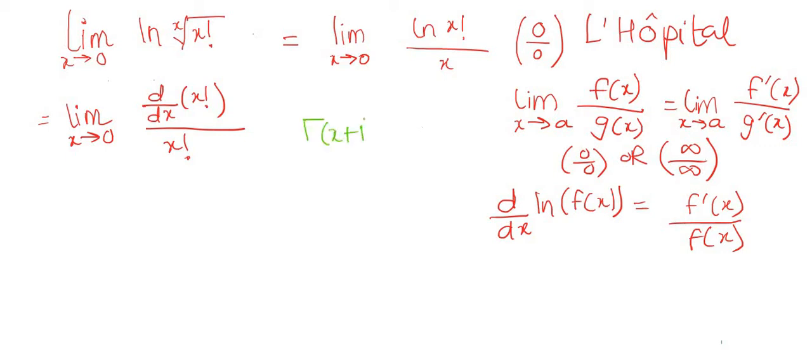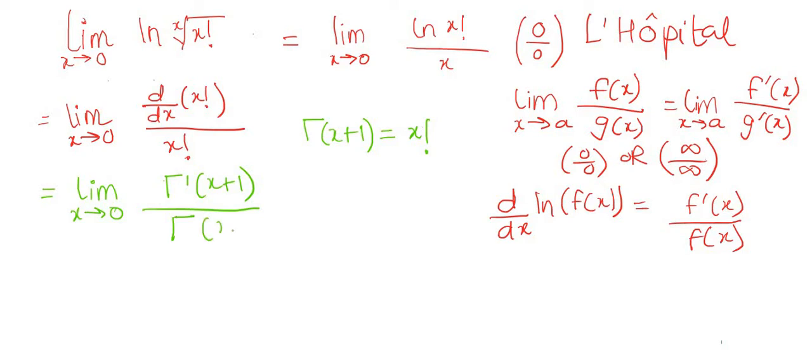The gamma of x plus 1 is equal to x factorial, and the great thing is the gamma function is defined for all numbers, even the negative ones. Because of its continuous nature, I'll write the question as the limit as x tends to 0 of gamma prime of x plus 1 over the gamma of x plus 1.